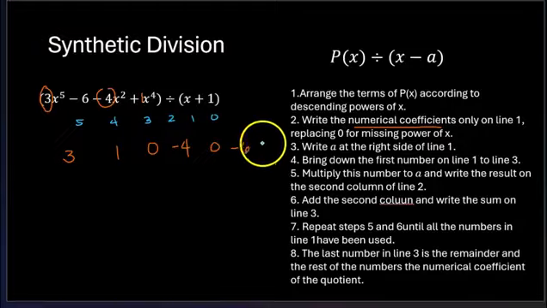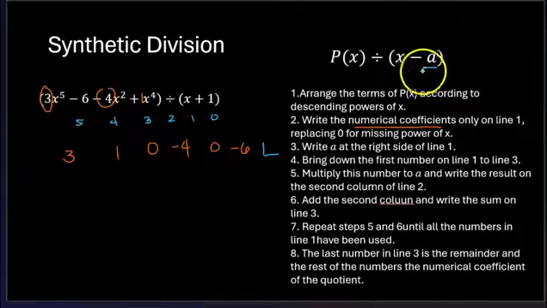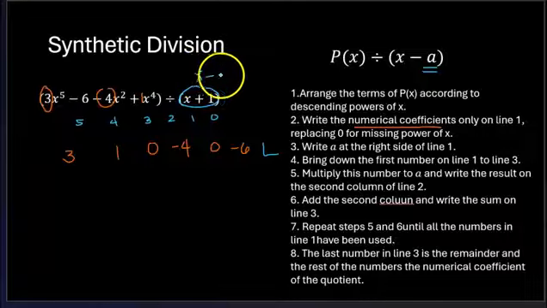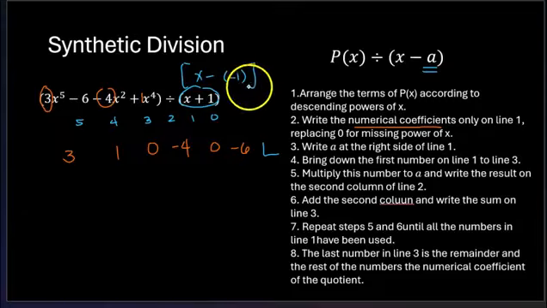And then on the rightmost side, we have our a. But look at what we have here. This is x plus 1. Look at the general problem. So I have to rewrite this as this one. Do you agree? If I use a subtraction and change this to negative, if I simplify this, this is equivalent to x plus 1.